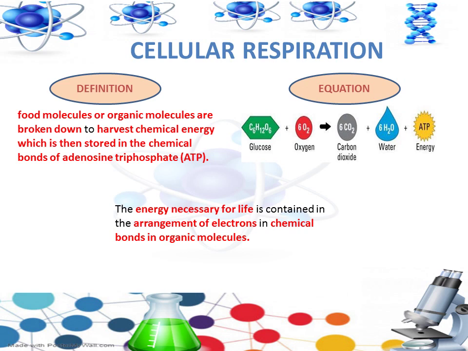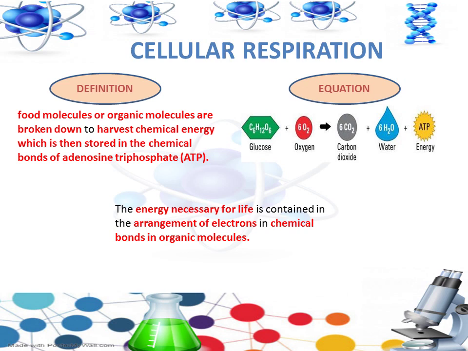It comes from the plant. We breathe in the oxygen, and the combination of these two compounds will produce 6CO2, which is carbon dioxide, water, and also energy in the term of ATP and heat. So basically, it is easy to remember this equation: glucose plus oxygen, the products are carbon dioxide, water, and also ATP.